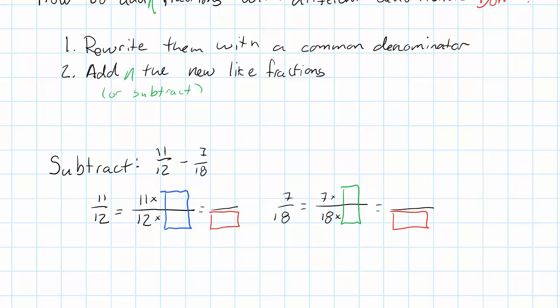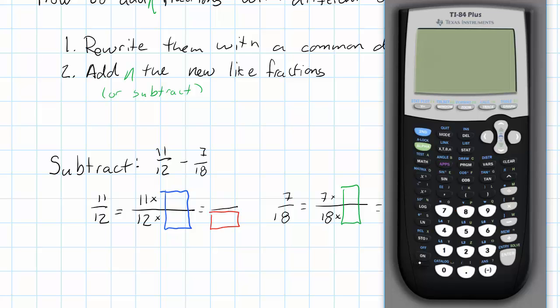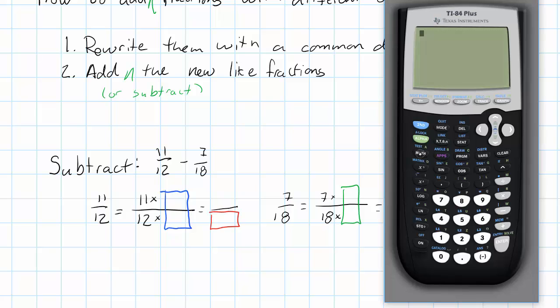So now we're finding out what the common denominator is. We turn to the calculator. We could do this by hand as well. We go to Math, go over to Num, and scroll down until we find LCM. We want to find the LCM of 12 and 18. We see that it's 36.